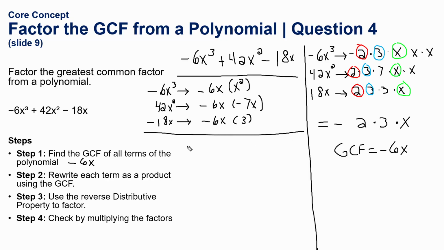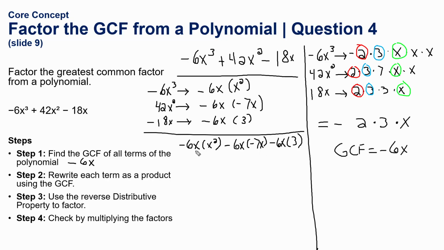Okay. Now, if I rewrite each of these terms, negative 6x times x squared, minus 6x times negative 7x, minus 6x times positive 3. So these are our 3 different terms now.